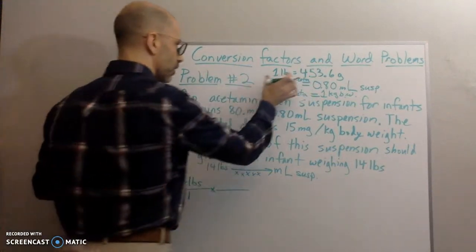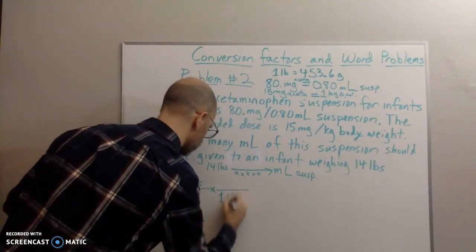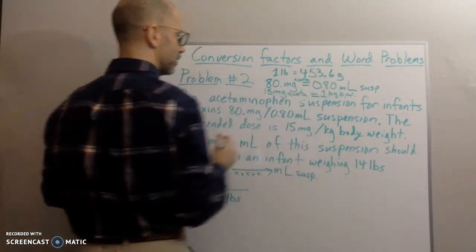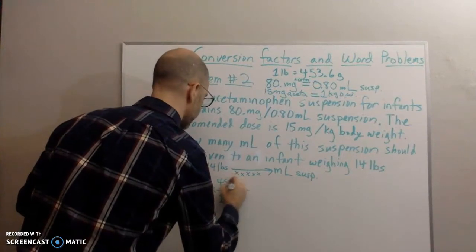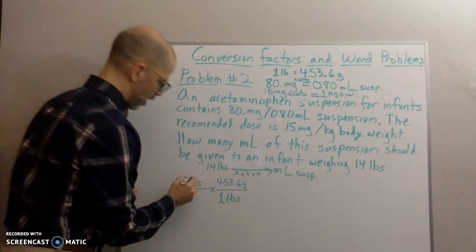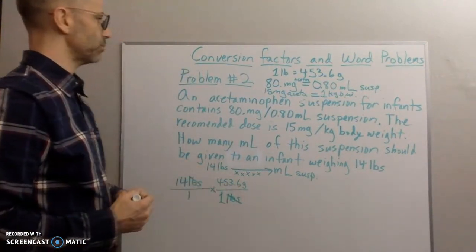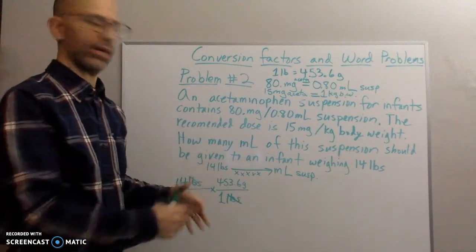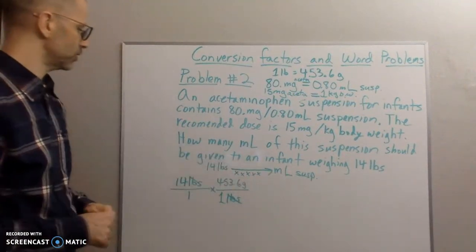I'm going to put 1 pound on the bottom to cancel out with pounds, and the other side goes on top. So I have 453.6 grams. Now the pounds are going to cancel out, and now I have grams. I need milliliters of suspension, so I'm not done, so I keep going with the conversion factors until I get milliliters of the suspension.